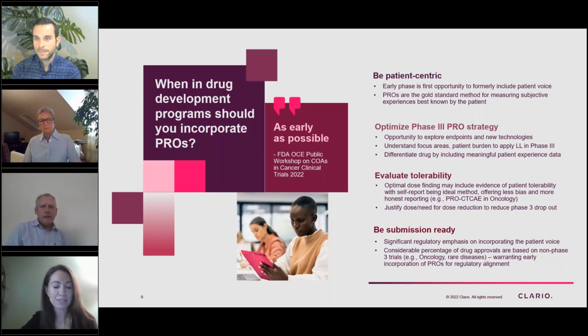I also have evaluating tolerability here. This has received a lot of attention, again, in the oncology space. For oncology, there has been important research demonstrating the advantage of collecting tolerability data via something like patient-reported measures. So in addition to those objective measures of toxicity, and even in addition to clinician-reported measures of AEs, a more optimal dose-finding strategy might be including PROs.